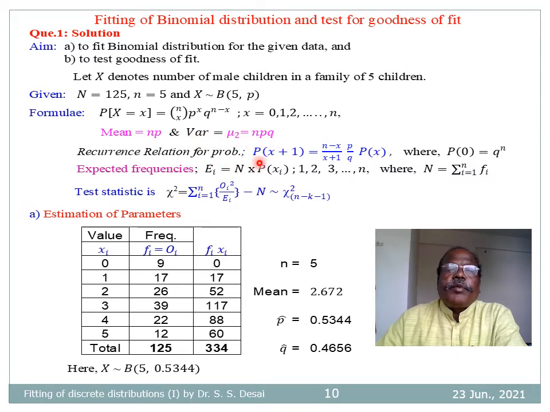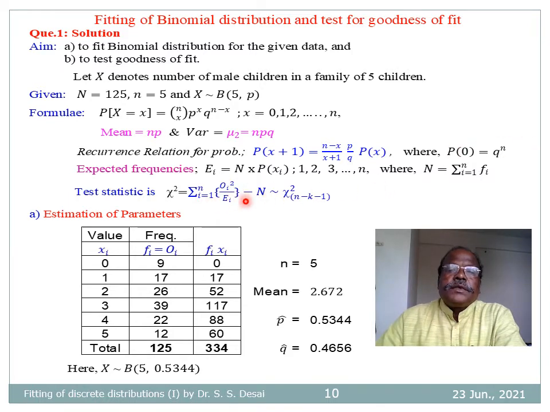The recurrence relation for probability is P(x+1) equal to (n minus x) divided by (x plus 1) into p by q into P(x), where P(0) equal to q raised to n. Expected frequencies Ei equal to n into P(xi), and the test statistic is chi-square equal to summation of Oi square by Ei minus n.